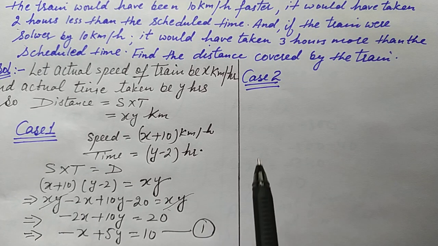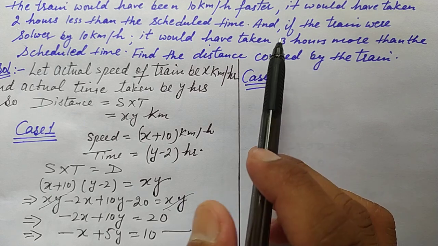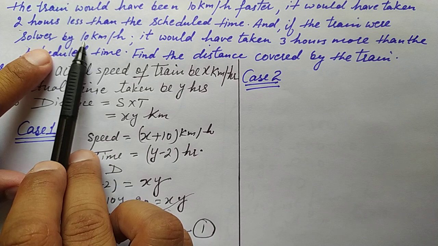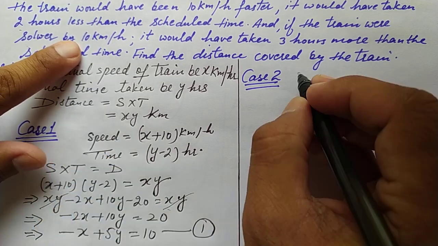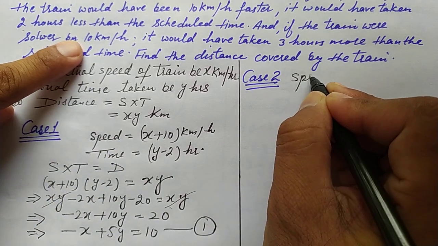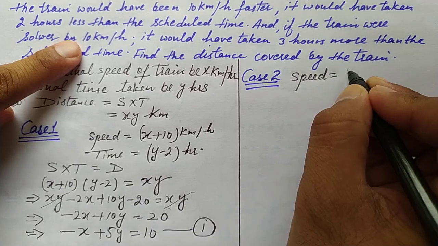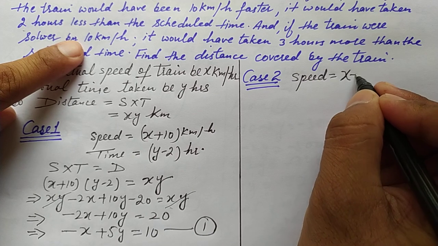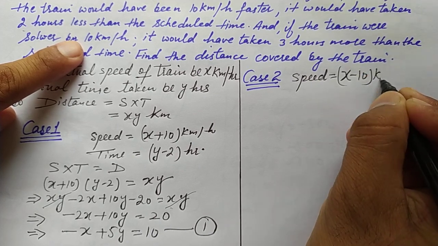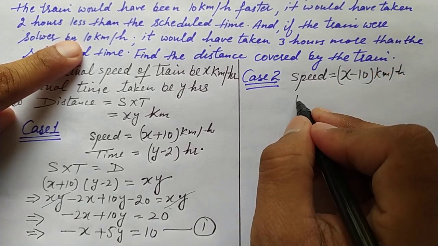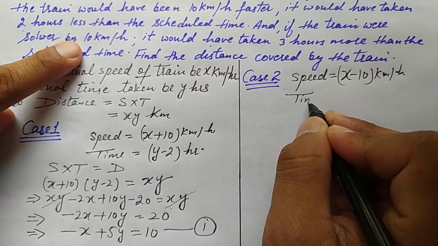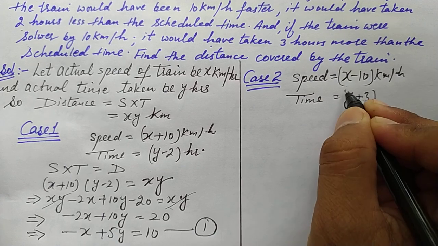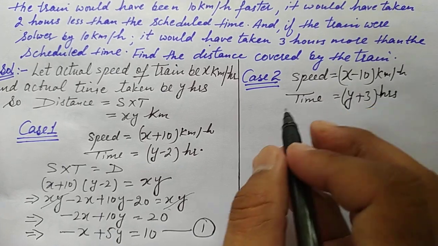In case 2, the condition is that we slow the speed by 10 kilometers per hour. It means here in case 2 the speed is 10 kilometers less than the actual speed. Actual speed was x, so now it is x minus 10 kilometers per hour. In this case the time taken is 3 hours more. Earlier time was y, now it is y plus 3, meaning 3 hours more. Now again we apply the same formula.